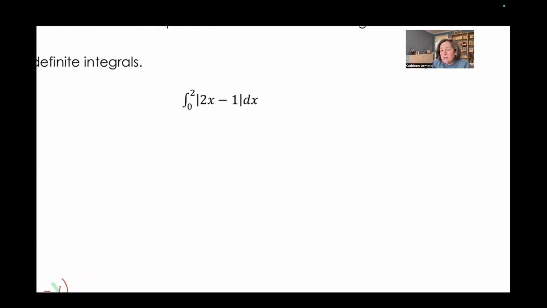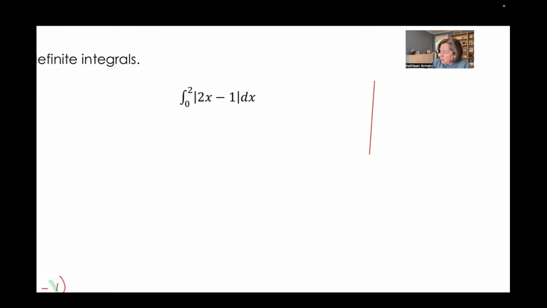The easiest thing to do with this one, though, rather than really try and rewrite it as a piecewise defined function, is to graph it and use our geometric rules. So the absolute value of 2x minus 1, I know it's going to be a v. If I set 2x minus 1 equal to 0, I get x equals 1/2. That's where the vertex of my v is.